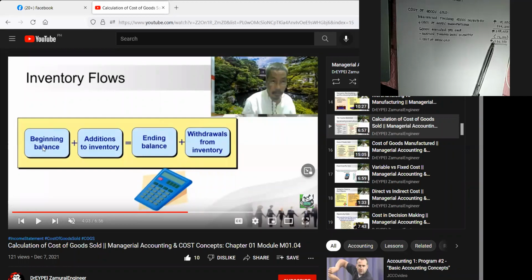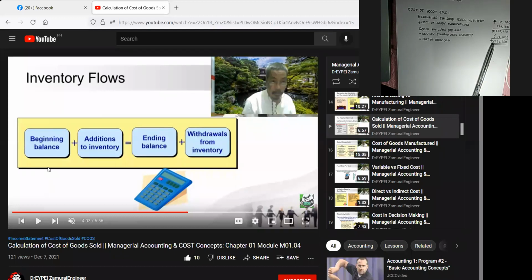So, take note, beginning balance, meaning every month, for example, you have to record how much is your inventory. Okay? For example, you have a small sari-sari store.